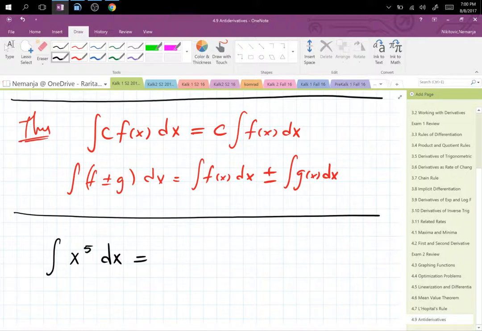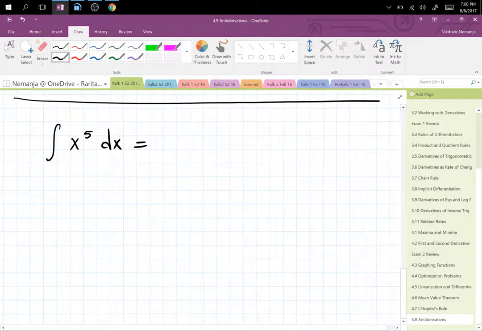So they always do the opposite thing. So what's happening here? What should I write? Yep. So it's x to the 6 over 6 plus c. That's all it is. We are using the +1 formula.